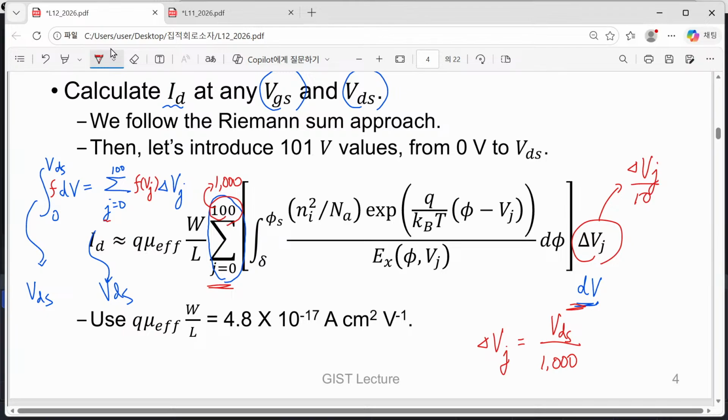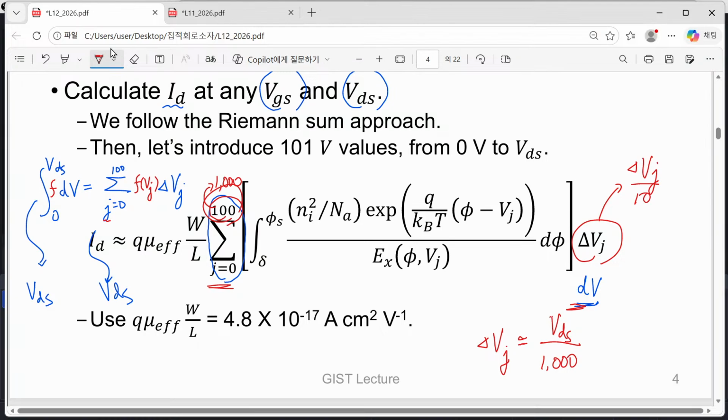So our entire integration domain is divided by the total number of bins or slabs in this case. Then you can have many rectangles, and the width of your rectangle is given by this simple rule.